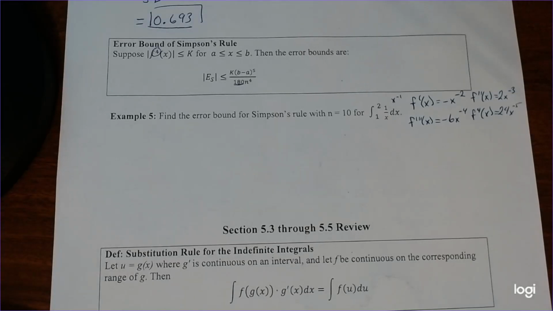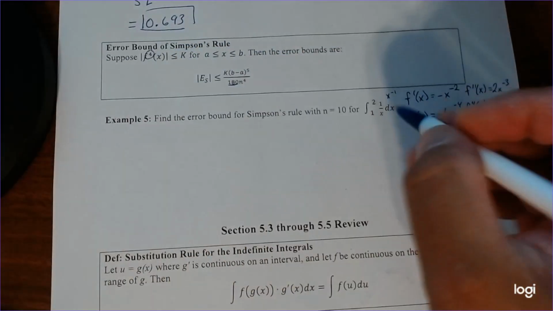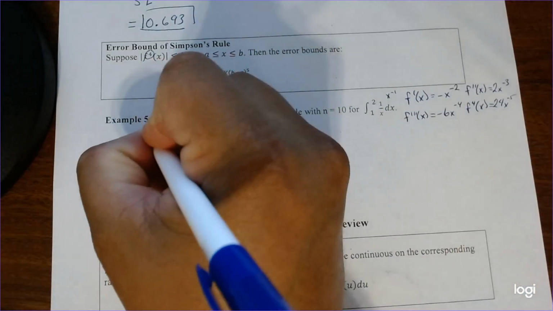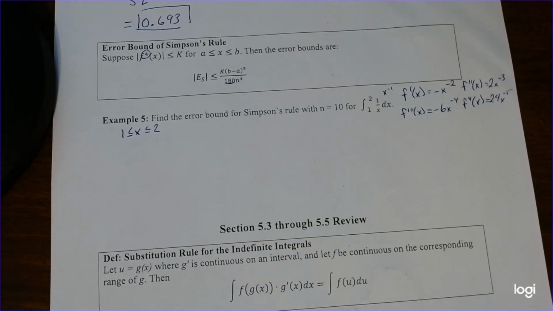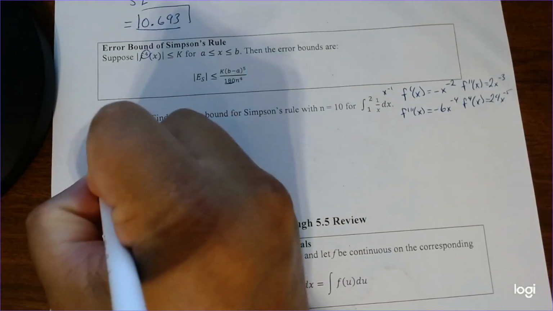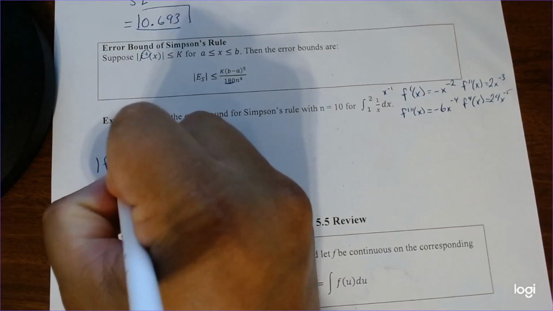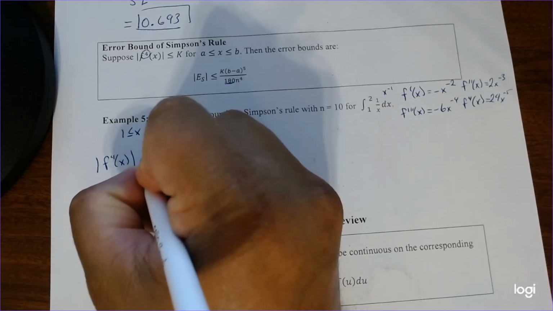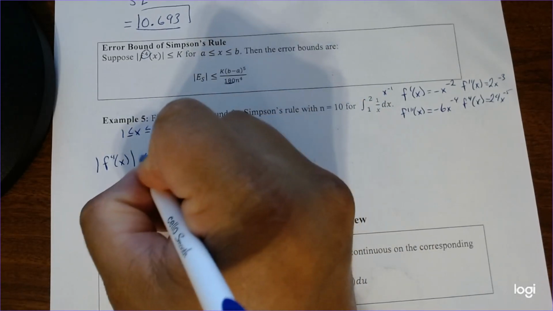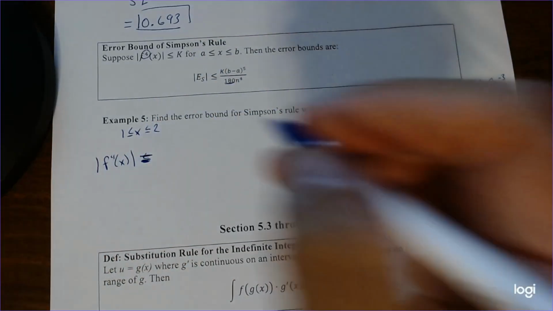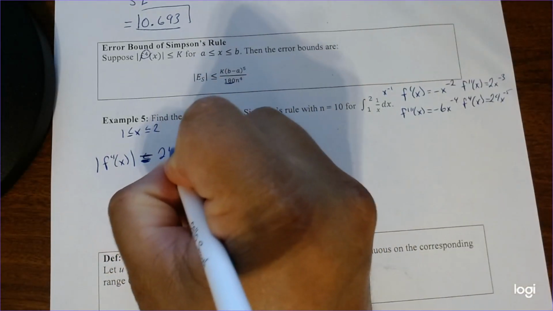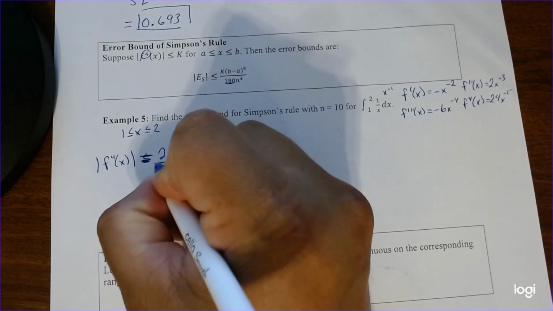Again, we know this is bounded between 1 and 2, so we know x is between 1 and 2. We know the absolute value of our 4th derivative is less than or equal to some k value. Well, let's first write this down. This is equal to 24 over x to the 5th power.